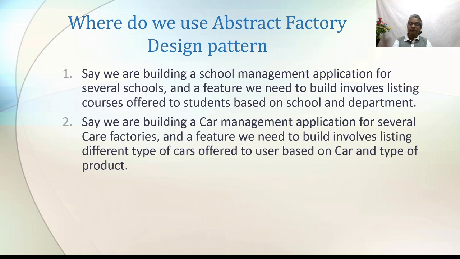But when we are planning or developing the project, at that time I have to think of different kinds of schools. When a user wants XYZ school information, they will get XYZ school information. If ABCD school needs ABCD school information, they will get ABCD school information. And in future we need to build involve listing courses offered to students based on the school and department.